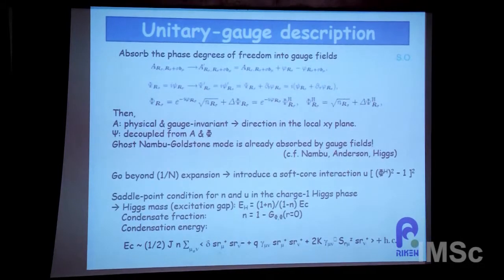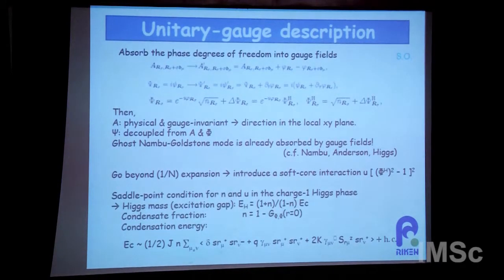Actually, we can develop a theory for that inside the Higgs phase by taking a unitary gauge, but not the Coulomb gauge. The unitary gauge is very convenient to describe the charge 1 Higgs phase. In the charge 1 Higgs phase, the phase of the spinons, which becomes a Gaussian mode, is actually a ghost, not real, and that mode is absorbed by the gauge fields.